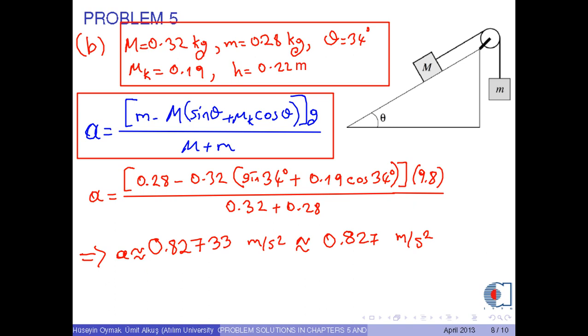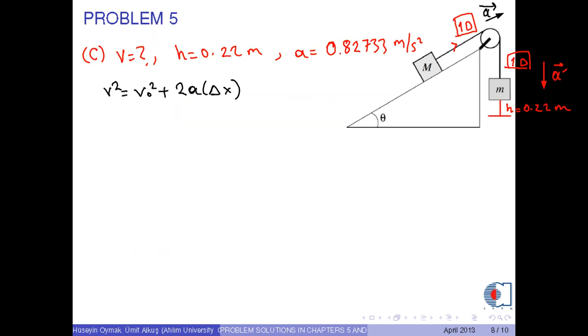Note that in the intermediate step, we wrote the result in 5 digits, where we don't count the first zero, and the final result is in 3 digits, and again we don't count the first zero. Okay, this is the answer to the question in part B, and let's see part C. Notice that each block moves in one dimension.